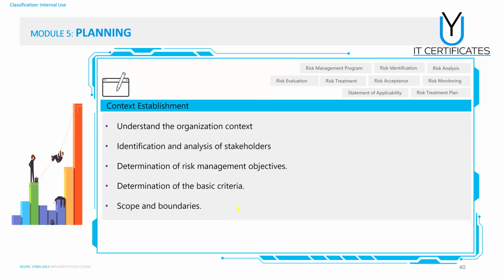Then you can figure out the assets and the asset value and their threats and vulnerabilities. You have to define the stakeholders and their interests and requirements, and you have to define the risk management objectives. And we covered these risk management objectives in the first slide in the previous process.